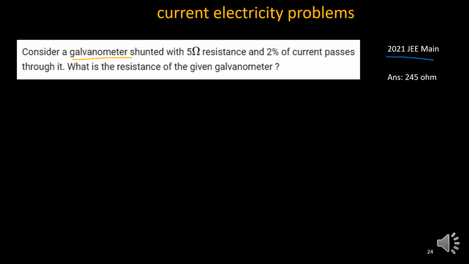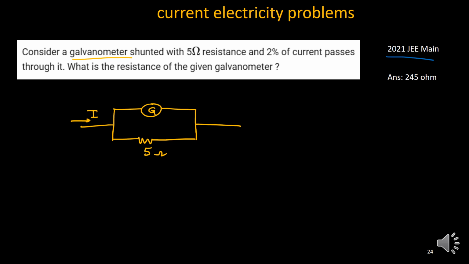Okay. So if I have this resistance, this is your 5 ohm. I have one galvanometer G that is connected across this one, and it is saying that whatever current is coming here, through this galvanometer only 2% is going through.